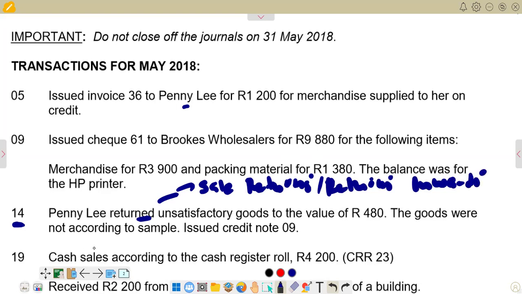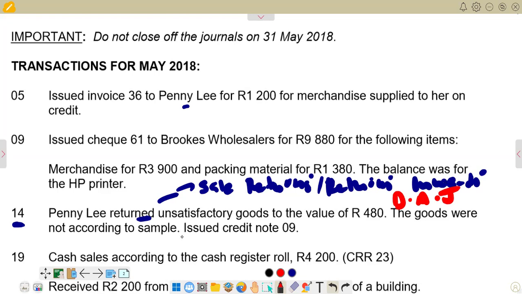What is important is for you to identify which journal you are entering this in. Whenever there are sales returns, we are supposed to represent them in the debtors allowance journal, where we record all sales returns that have taken place.